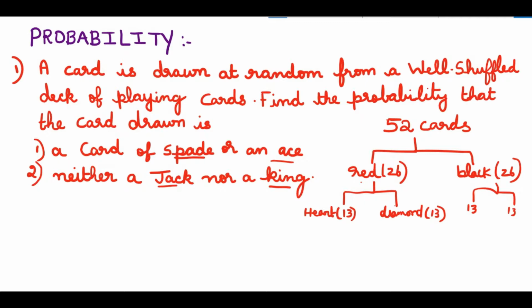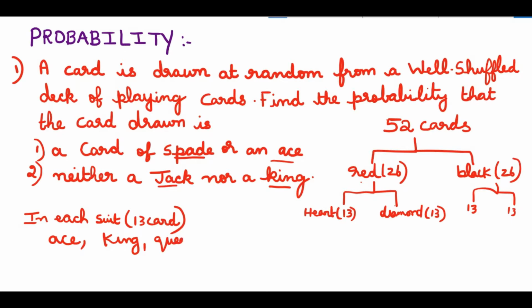In each suit we have an ace, a king, a queen, and a jack.